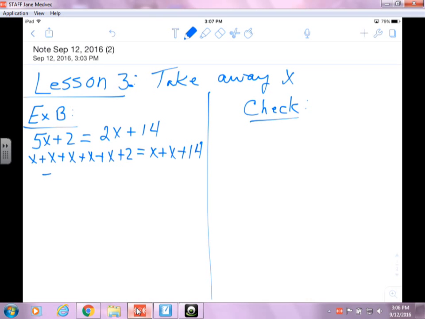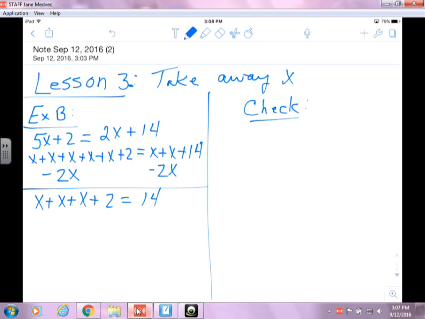You're going to go minus 2x, minus 2x. That's what I physically did on my app, and that's what I'm going to encourage you to do when you do your assignment: physically do it on the app and then write it down. So left over, I have 3 x's on my left-hand side, and I have 14 on my right-hand side.